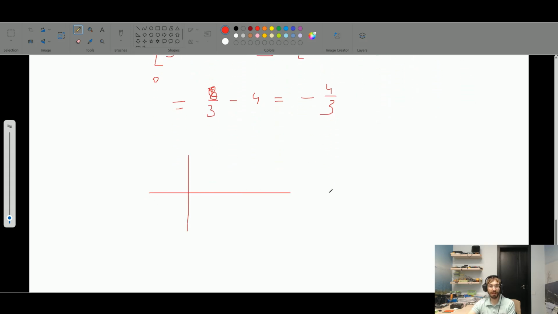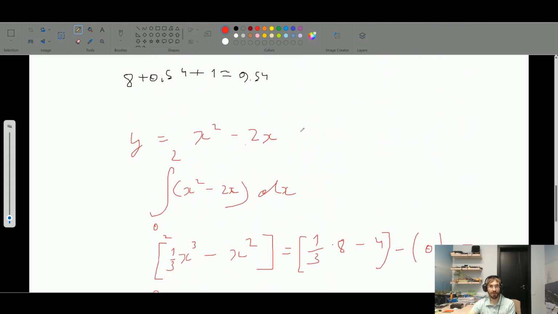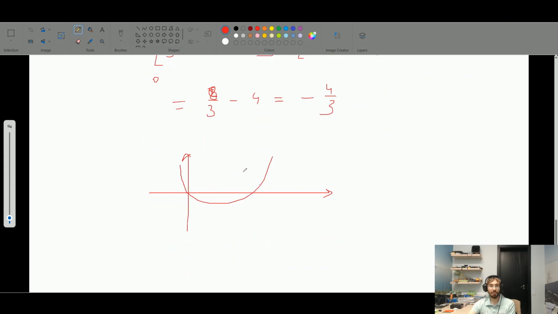Because the parabola between 0 and 2 is somewhere under the x-axis. So if we solve the quadratic equation, x squared minus 2x equals 0, it will be x times x minus 2 equals 0, so x will be 0 or x will be 2. So the parabola looks like that with roots of 0 and 2.